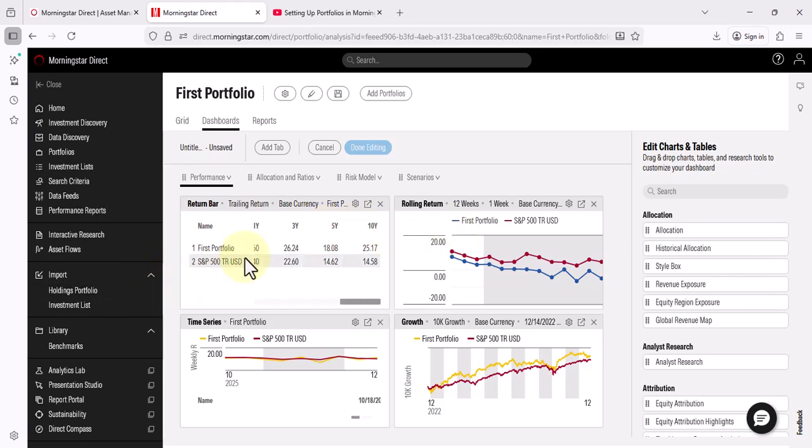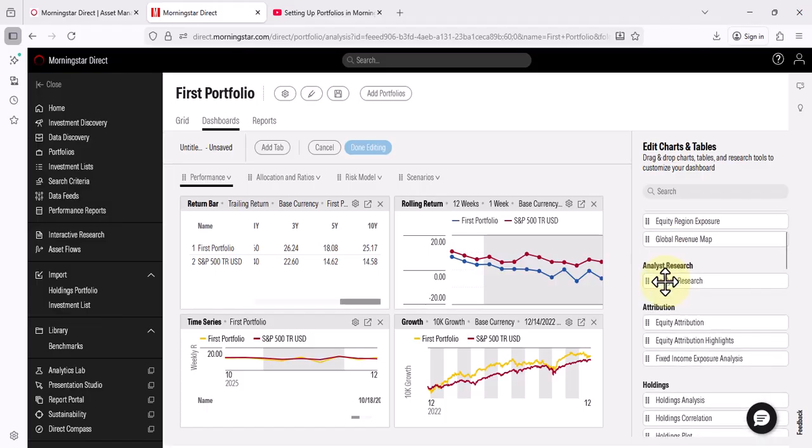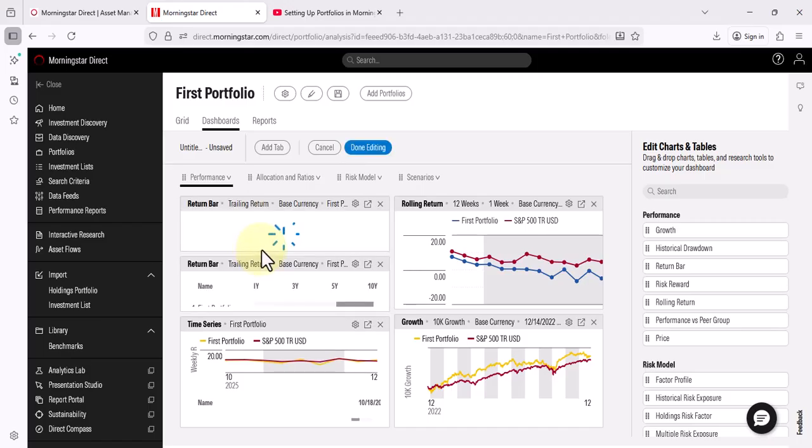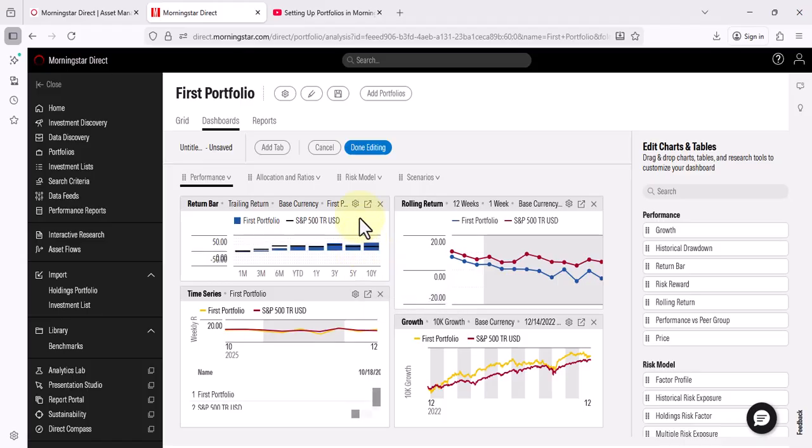If that is not in your dashboard, maybe you've changed some things in it and you need to pull that up, you can just go over here to where it says return bar, pull it over, and it's going to pull that up, and I can make a few changes here.